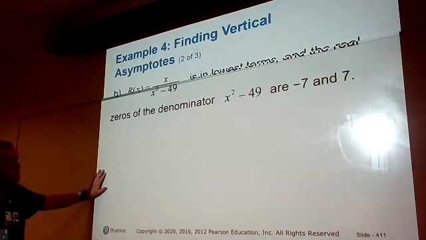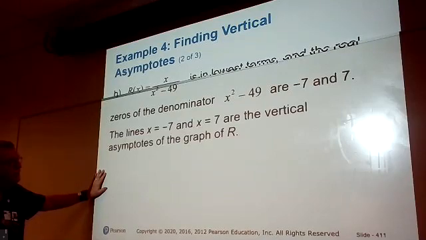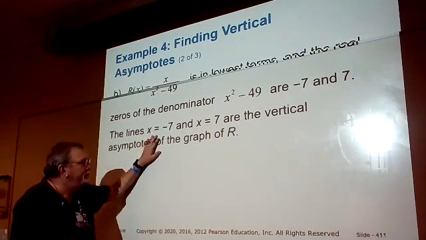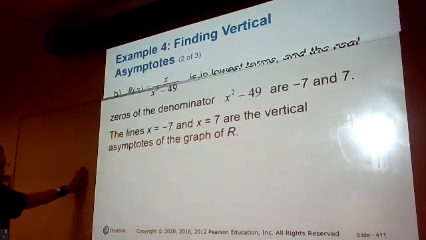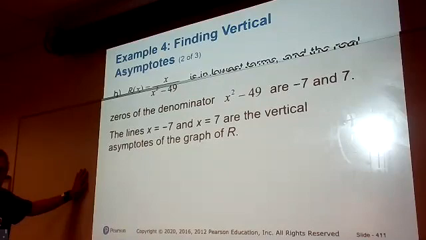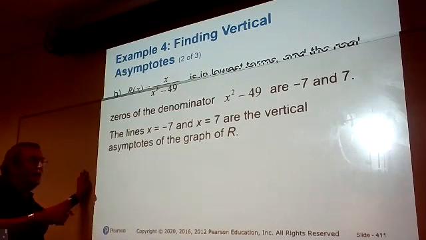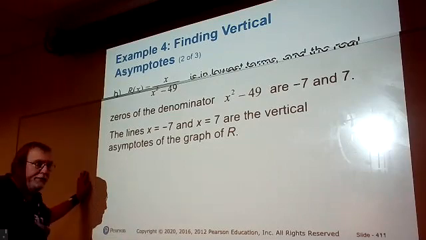Because we factored x squared minus 49, that means x equals negative 7 and x equals 7 are the vertical asymptotes. You can do that by factoring, or you can do that by using the square root property. x squared minus 49 equals 0 means that x squared equals 49.